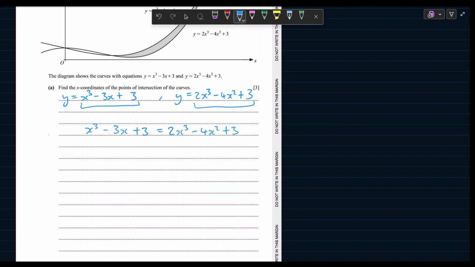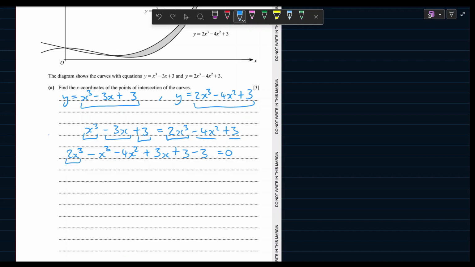All right, so let's move everything to the right-hand side. I'll start with writing 2x cubed. Then if we move x cubed to the right, it becomes negative x cubed. We've got negative 4x squared. If we move negative 3x, it becomes positive 3x. Then we've got this positive 3. If we move this 3, it becomes negative 3, and this is equal to 0.